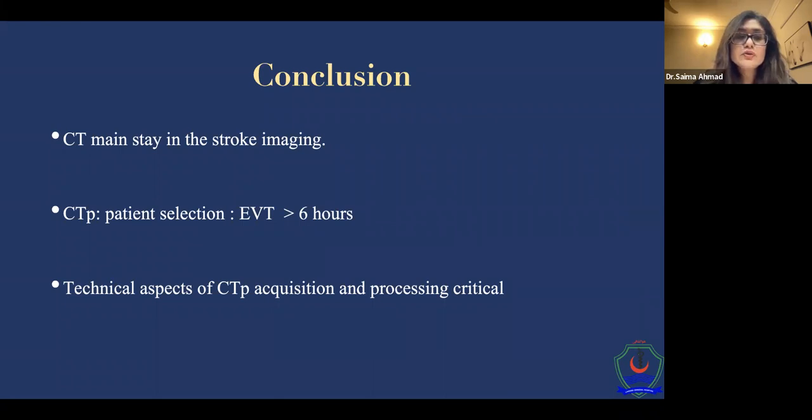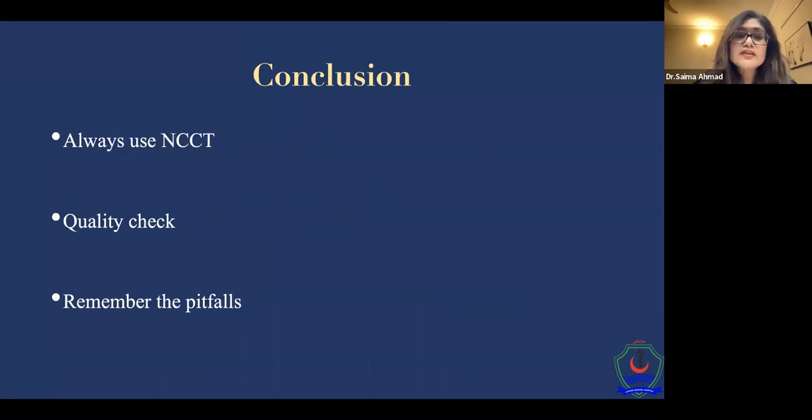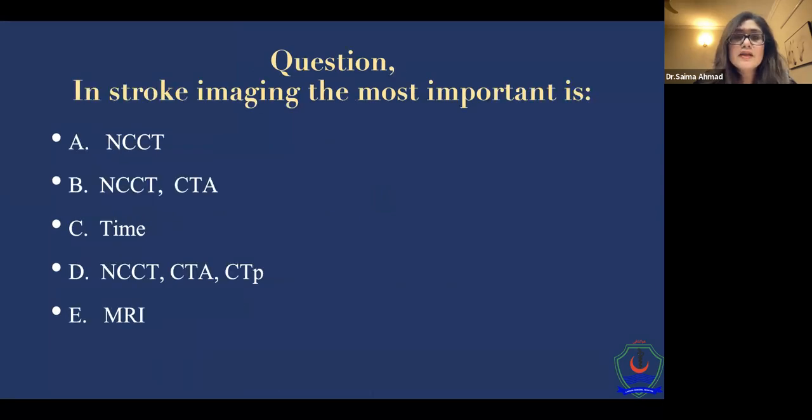CT perfusion is used for patient selection in EVT beyond 6 hours. The technical aspects of CTP acquisition and processing are critical. You should know all this if you want to use the CTP. Always use the non-contrast CT, always do the quality check, and remember your pitfalls.